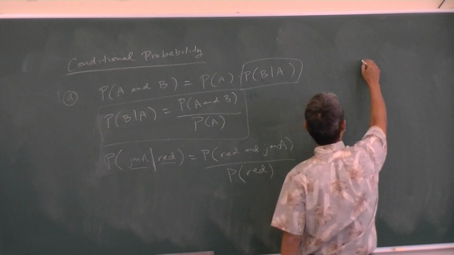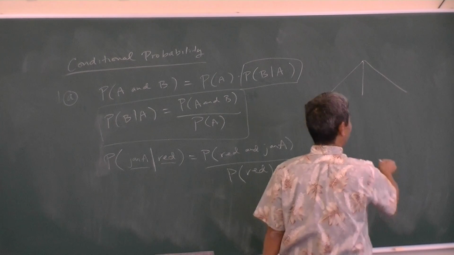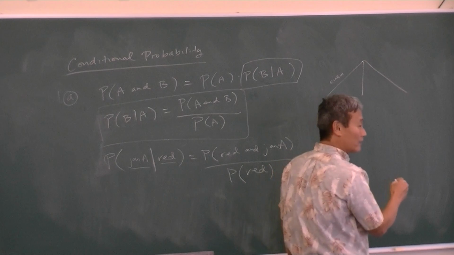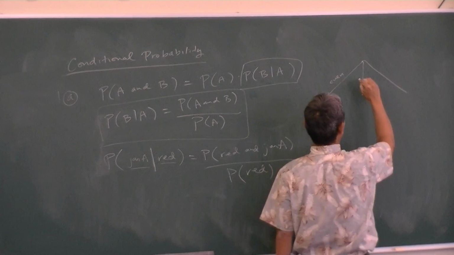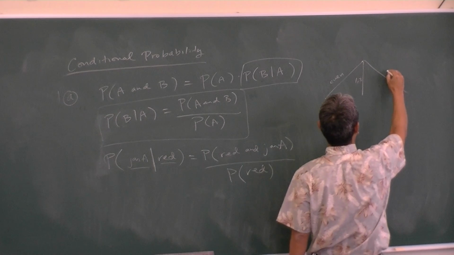Okay, 3. So what you do is you make 3 branches of that. And what are the 3 branches? It's even, then a 1 or a 3, and then a 5.